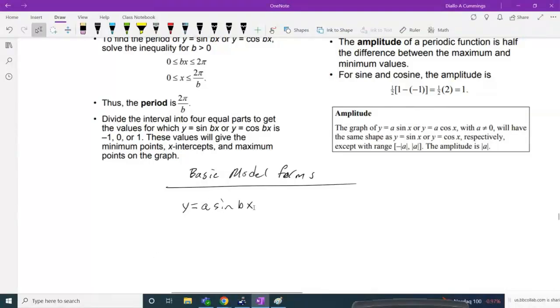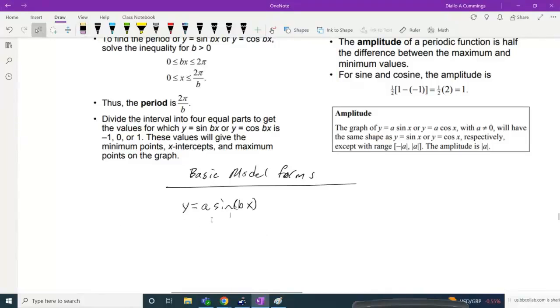In every trig function, it has to carry a value for a. If you don't see a value for a, it's understood to be 1. The argument of your trig function, sometimes you're going to see in a set of parentheses, and sometimes you won't. You have your variable x, and b is the coefficient of your variable x. So if you don't see a coefficient for x, it's understood to be 1.